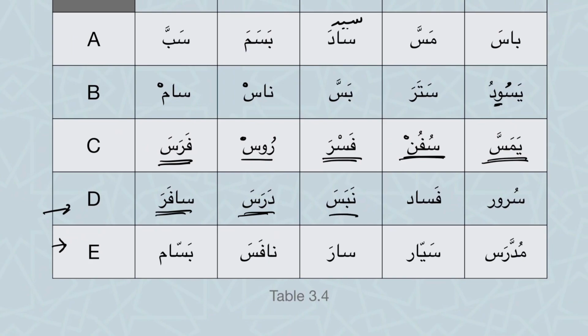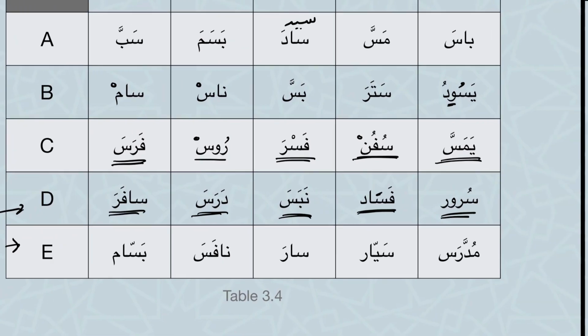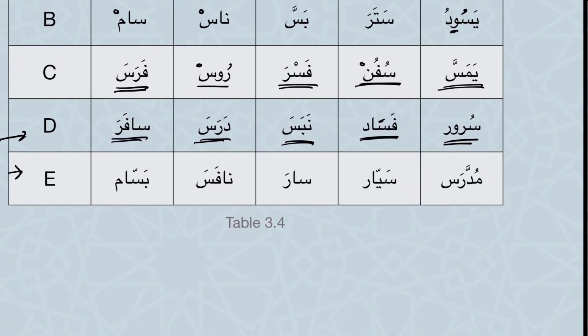Perfect. Nabasa. Like, Fasad. Fasad, because there's a long vowel alif. Fasad. And this one? Surur. Perfect. Very good. Thank you, Maya.